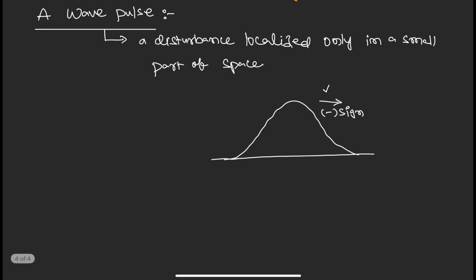If the pulse is propagating towards the right, the sign of V is positive. So if I write x minus Vt, this is one form; the other can be written as x plus Vt. This is the wave pulse.